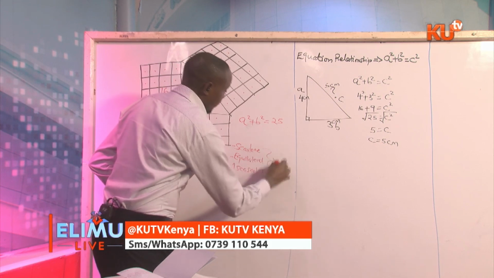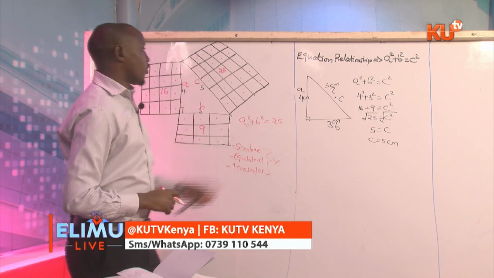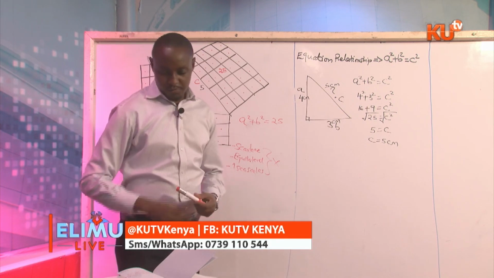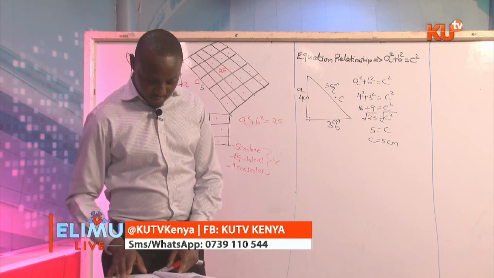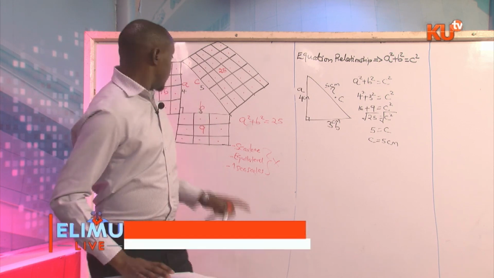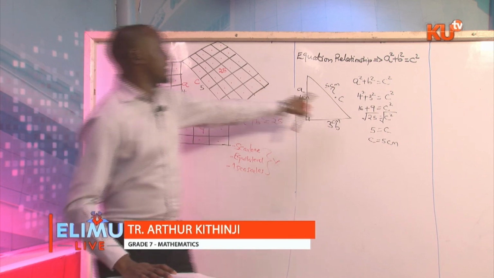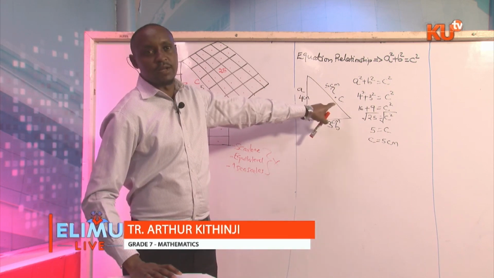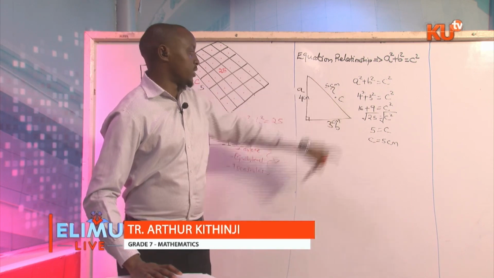This does not apply in these. It only applies on a right-angled triangle. This is the visual explanation of the Pythagorean relationship and the equation that holds.